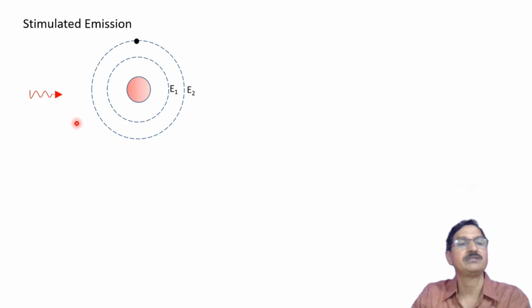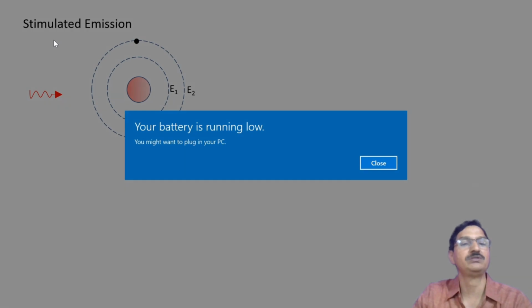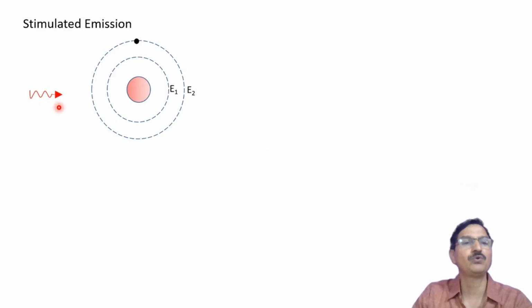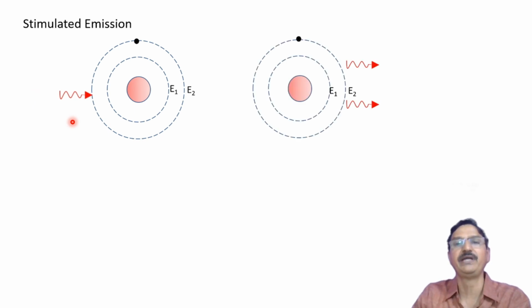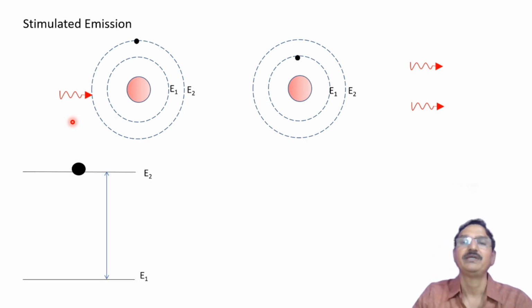In this case, we require a photon having frequency mu such that h mu is equal to E2 minus E1. When such a photon is incident on this atom, two photons are emitted simultaneously, and hence the atom comes from the excited state to the ground state.